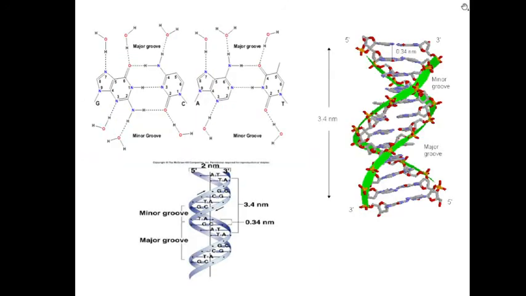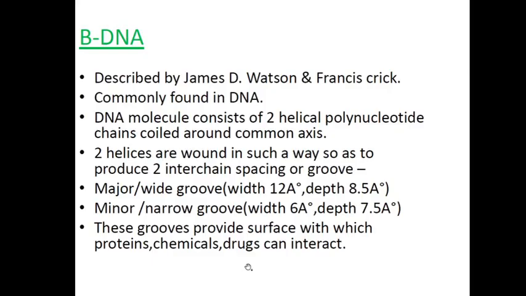Here we can see the presence of an imaginary central axis. There is no such axis in nature, but we have imagined that the strands of DNA are coiling around a central axis. The two helices are wound in such a way as to produce two interchain spacings, or grooves.